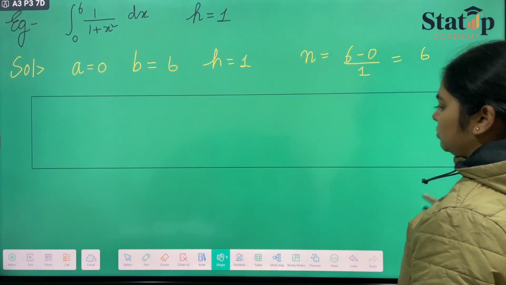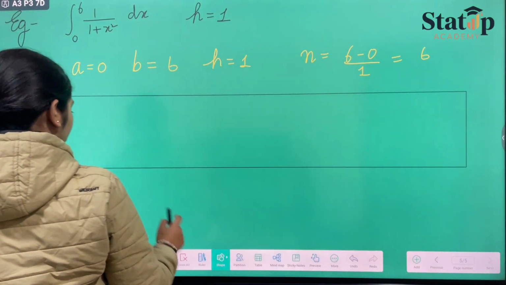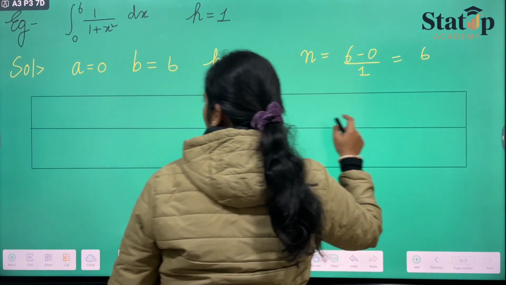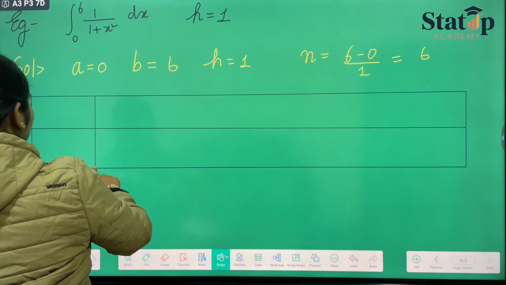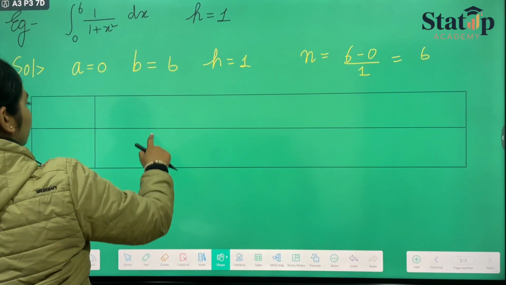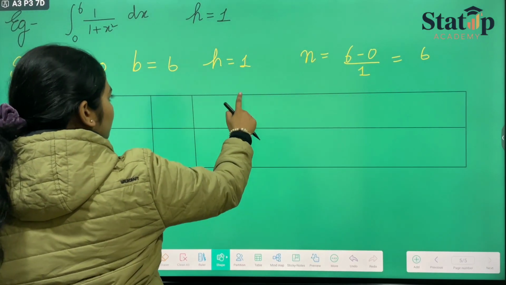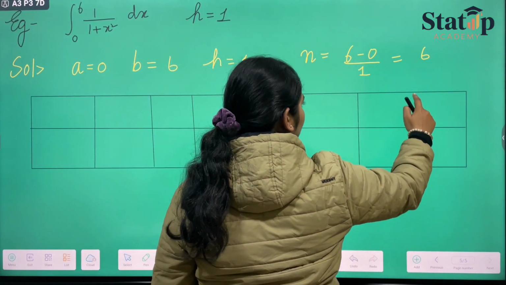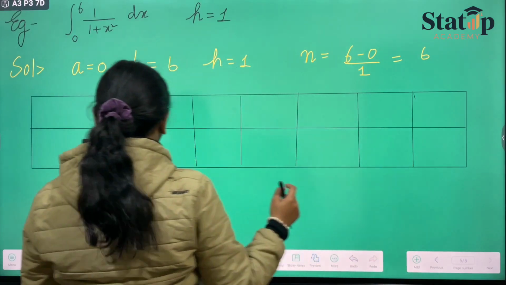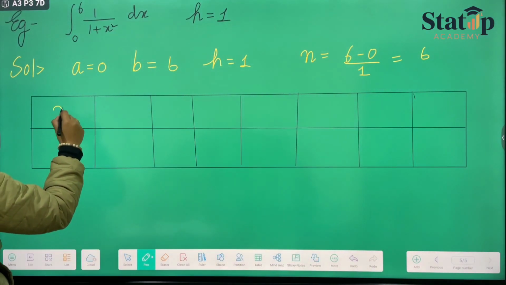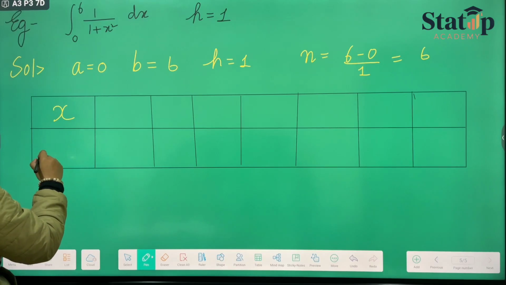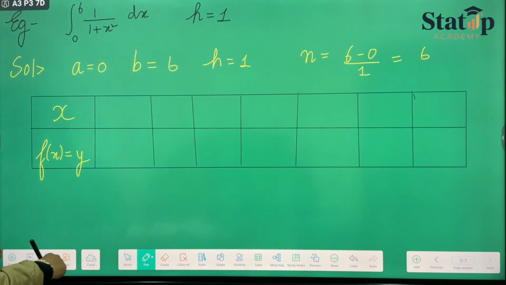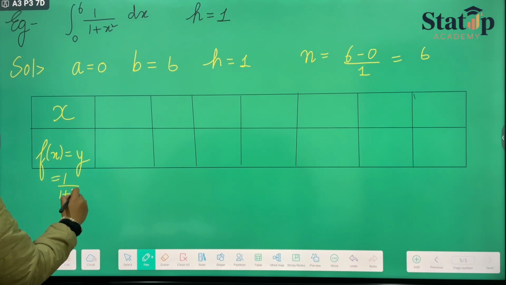Now we have to draw the table. So here we will place the values of x, and here we'll place f(x), or we can also say y, which equals 1 upon 1 plus x square.